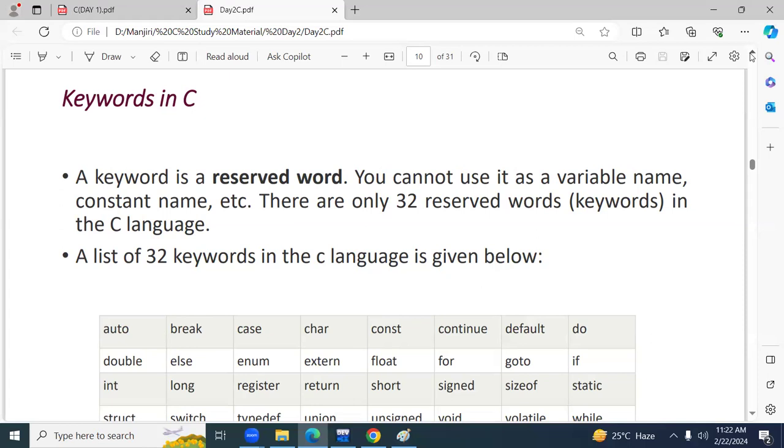Okay, so how many reserved words are there in C programming? There are 32 reserved words. What is meant by reserved words? Reserved words means the meaning of the word is already known to your compiler. I already told you, C uses a compiler. So the compiler already knows their meaning, and their meaning is already stored inside the C library.